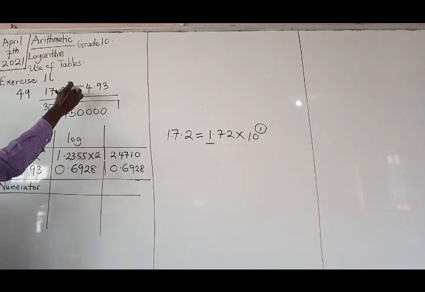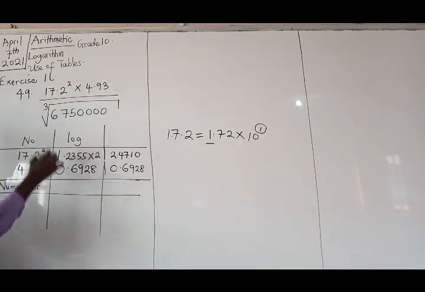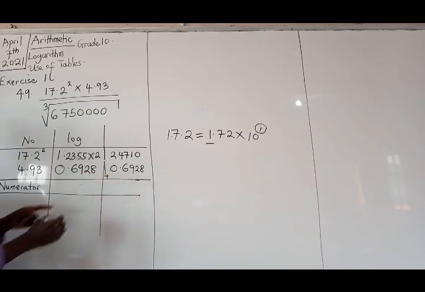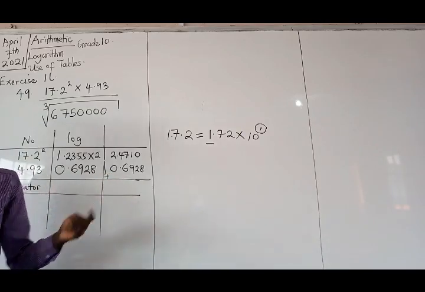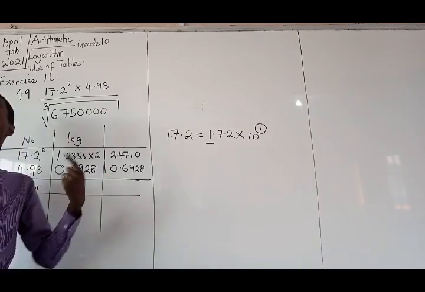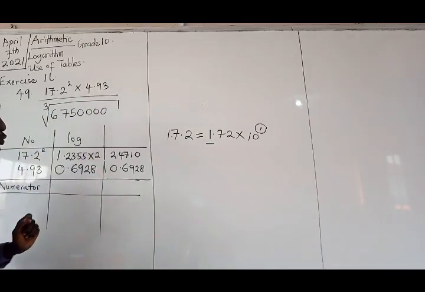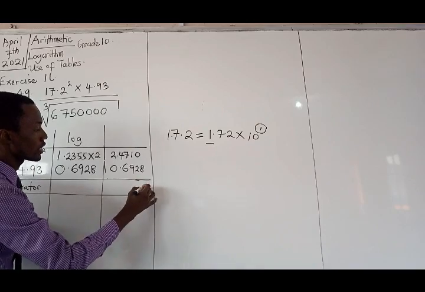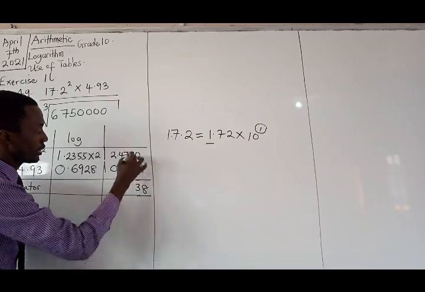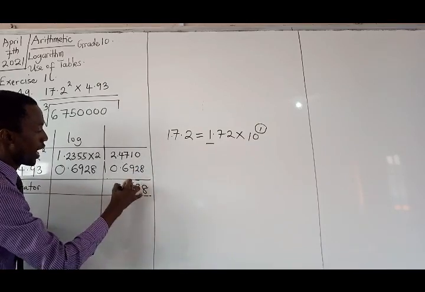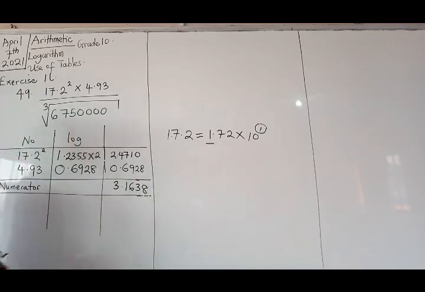Now, because the numbers here are being multiplied, you would add them up. Whether you put the sign of addition or not, it makes no difference to us because we already know what you're doing as a function of the question given to you. So this will give me 8, 3, 6, 1, and 3. So that will give me 3.1638. Alright, so that's for my numerator part.